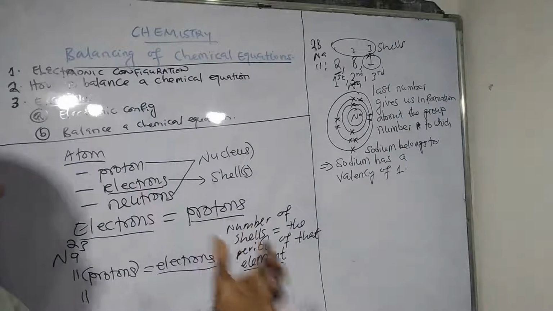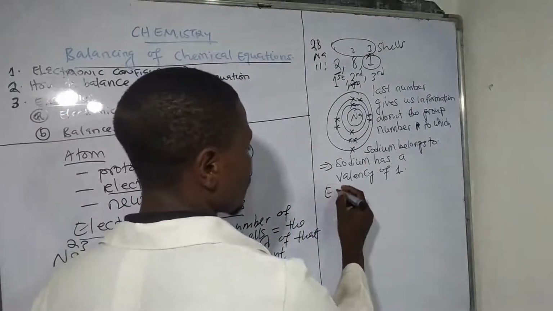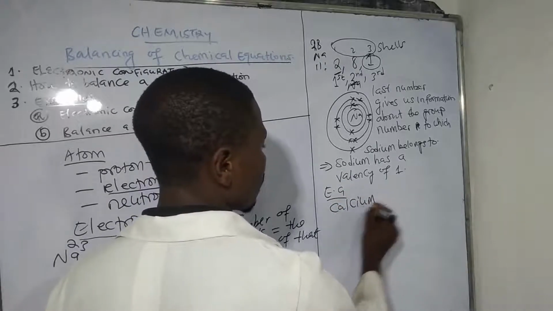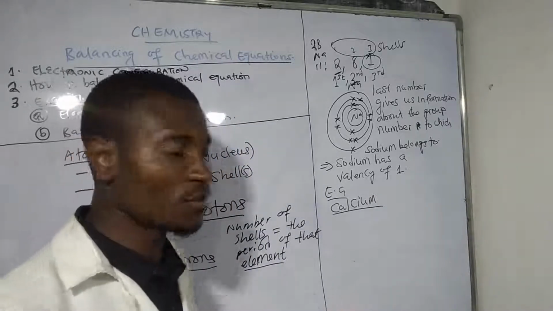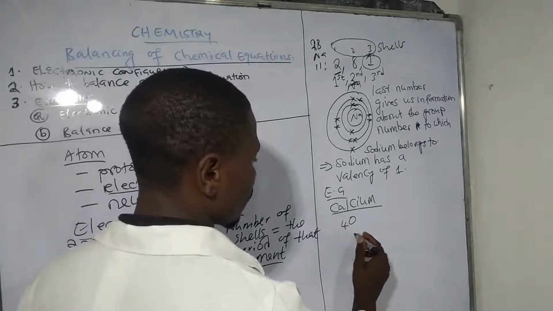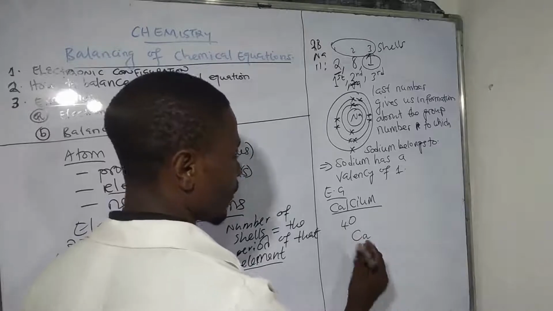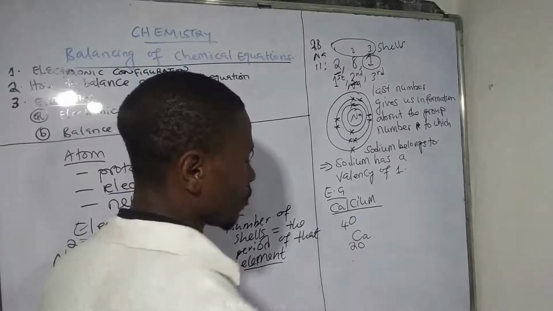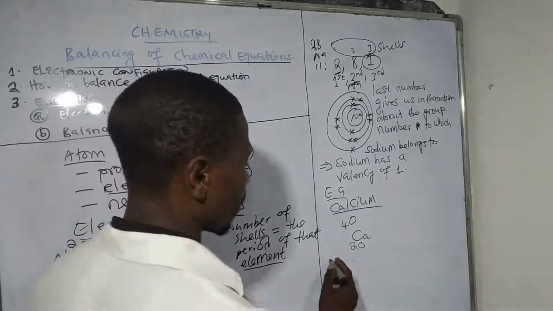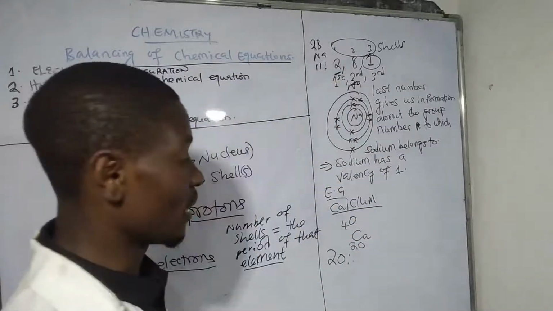Now, after we understand electronic configuration, for instance take calcium. When you go on the periodic table, you discover that calcium has a mass number of 40, the chemical symbol is Ca, capital C, small a, and the proton number is 20. For us to configure this 20, we'll just do the same thing that we did on sodium.